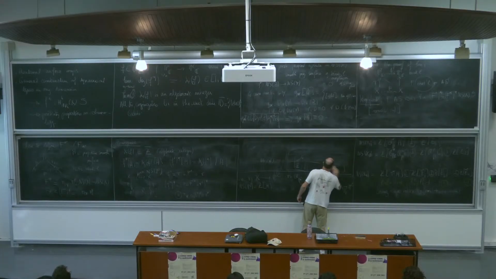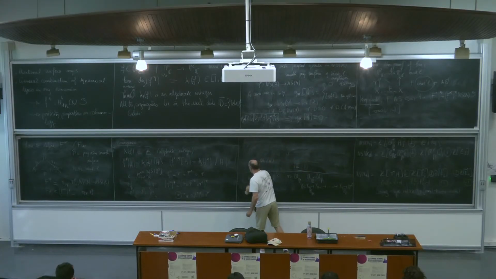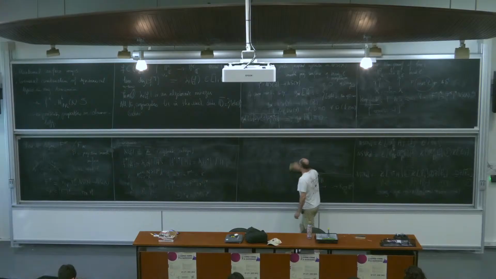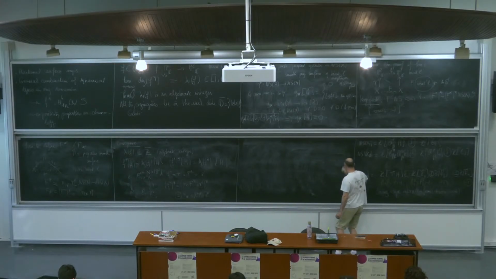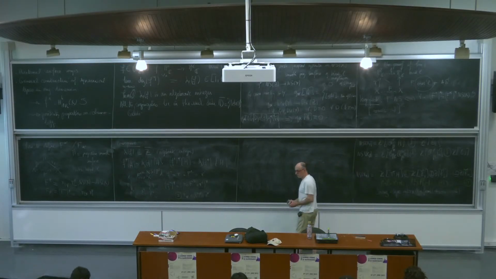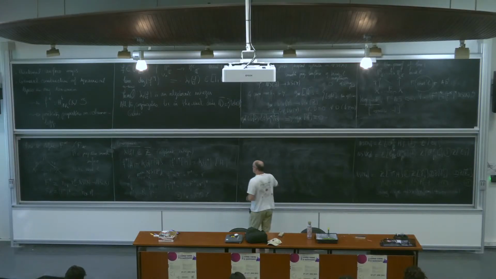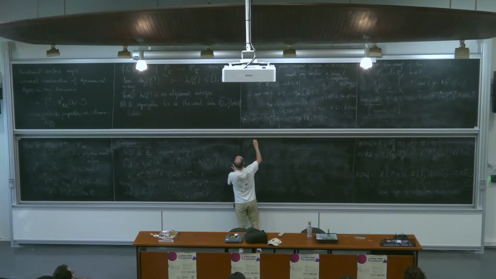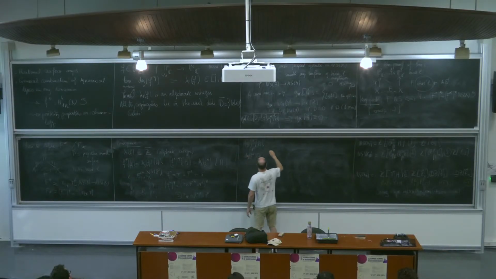Now you compute this on H. So you know that this is the degree of f^n times H. And what is this?